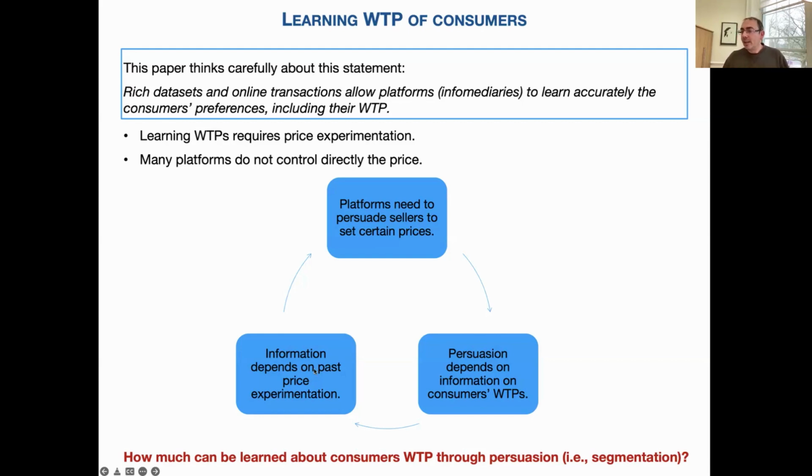So there is a kind of circle here where, in order to learn more about consumers, I need to induce a seller to price experiment, but this experimentation needs to be incentive compatible with the seller, and the way in which I can manipulate this incentive compatibility is by offering different information. But this is information where I have some information about the consumer, but not all.